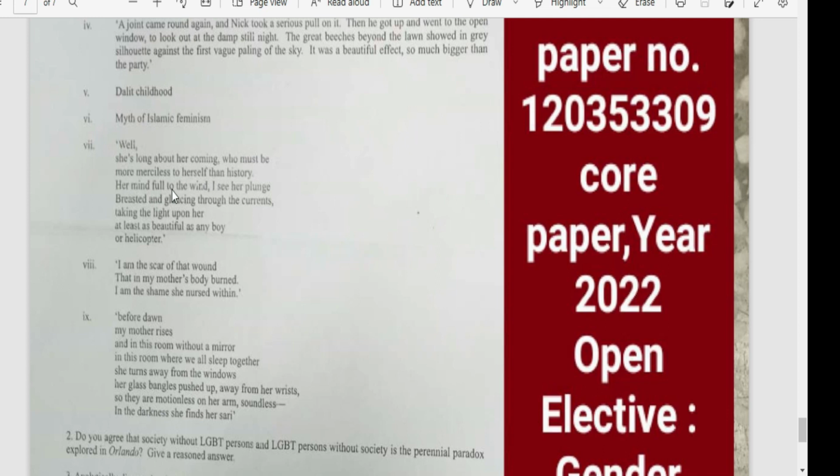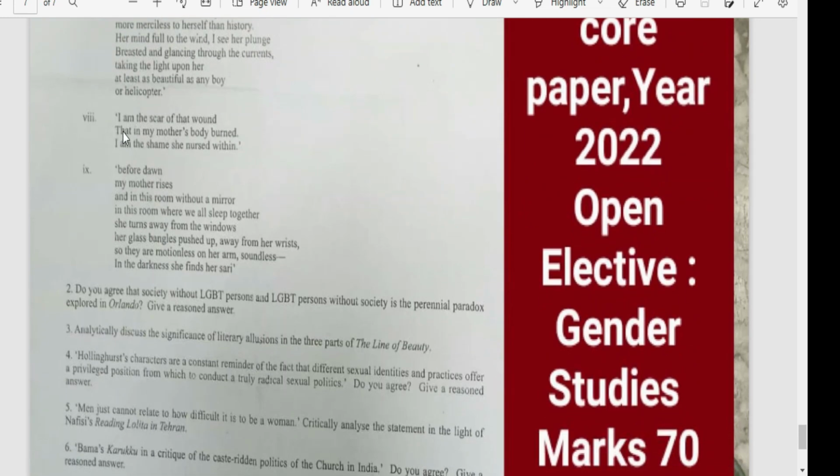That childhood myth of Islam, feminism. Well, she's long about her coming, who must be more merciless to herself than history. Her mind full to the wind, I see her plunge, breast center, glancing through the current, taking the light upon her, at least as beautiful as any boy or helicopter.